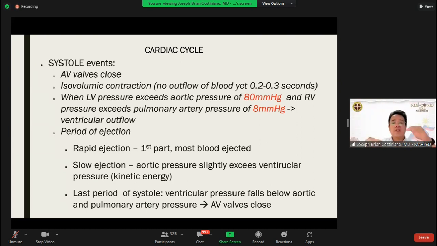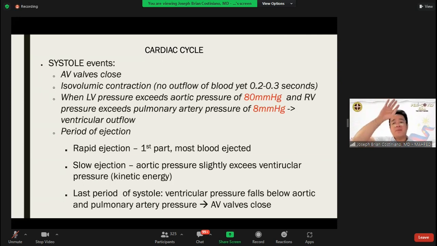So therefore, your AV valves should be closed para mag-travel ang blood towards your pulmonic or aortic valve. So in the period of isovolumic contraction, there's no outflow of blood yet for about 0.2 to 0.3 seconds. But when your LV pressure exceeds the aortic pressure, it needs to exceed kasi 80 millimeters mercury in order for the blood to be pumped out, no?